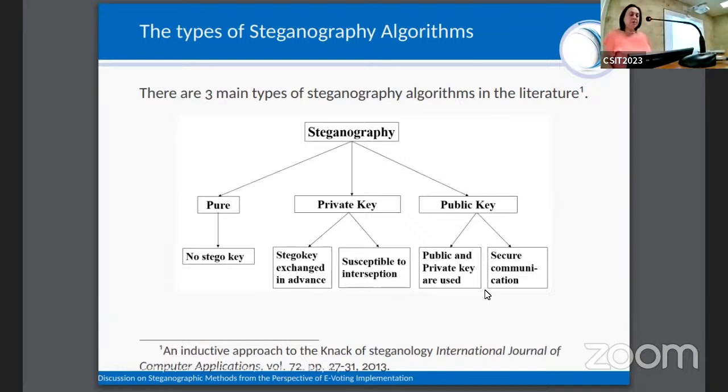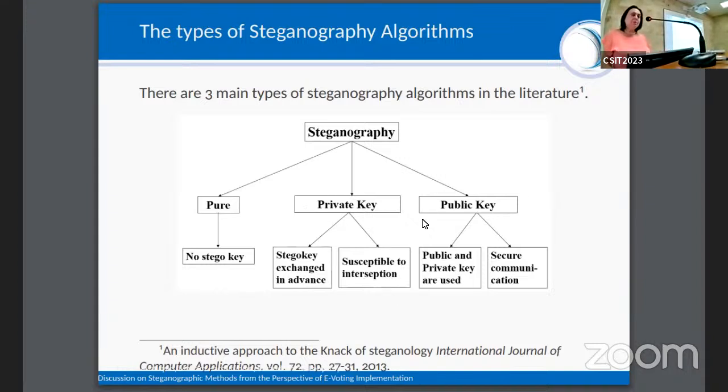The first obvious classification is that all steganography algorithms can be divided into three classes. Pure, meaning without any key. It can work in some situations, but nowadays we must have a higher level of security.